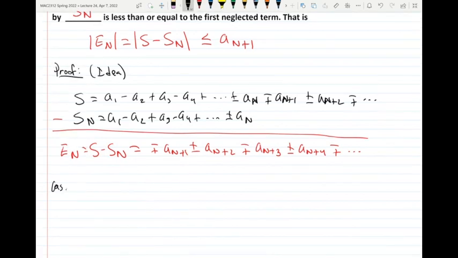For case one, that's the case in which we have negative A_{N+1} as the first term in E_N.